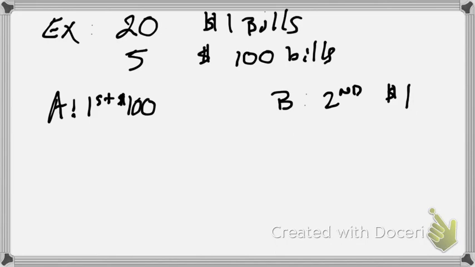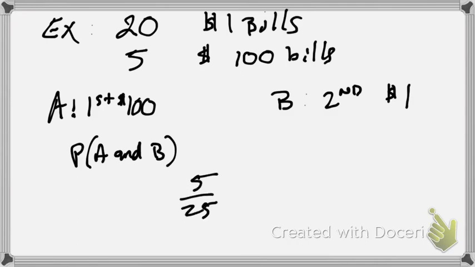Now I know right now there are 25 total bills, right? So the probability of A and B, the number of bills depends on how many bills I take out, right? If I take a bill out, I'm all of a sudden at one less bill than I was before. So the probability of A and B is going to be 5 over 25 times, and I've taken a bill out, but it wasn't a $1 bill, right? It was a $100 bill.